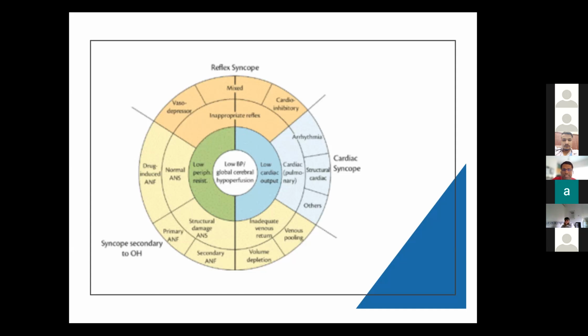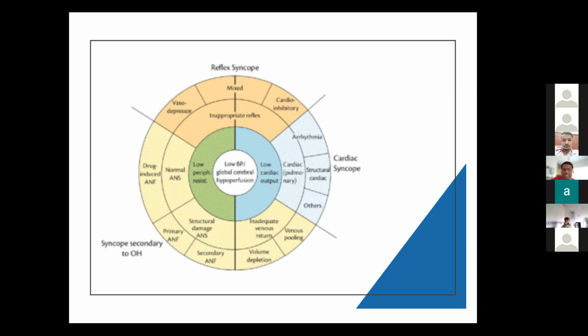Similarly, the reflex mediated type is sometimes mixed, and sometimes only a vasodepressor mechanism, where reduction in sympathetic nerve activity causes peripheral pooling, leading to reduced return and reduced output. It can also be cardioinhibitory, where increased vagal tone causes bradycardia, low blood pressure and cerebral hypoperfusion.